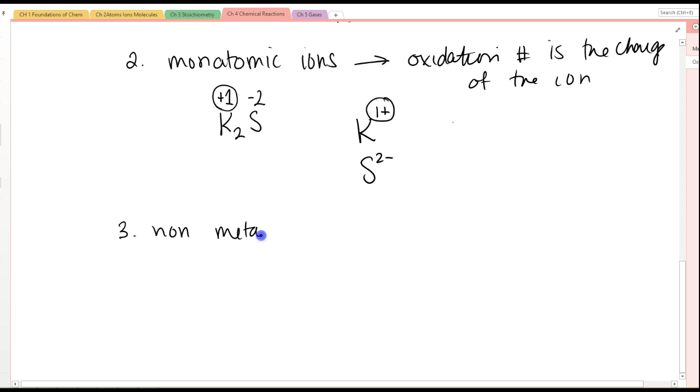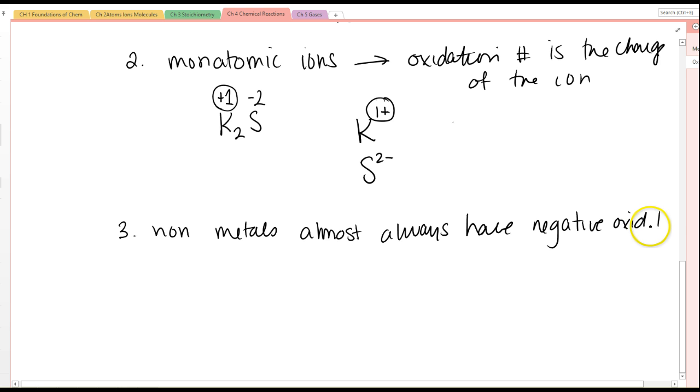All right, rule number 3. Nonmetals almost always, notice I say almost always, have a negative oxidation state or number. For example, oxygen is usually an oxidation state of -2.